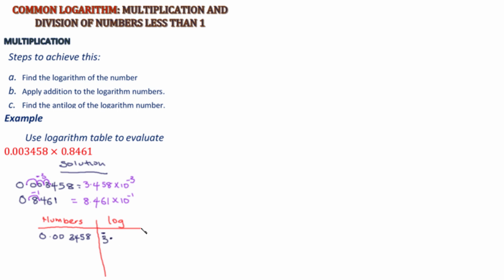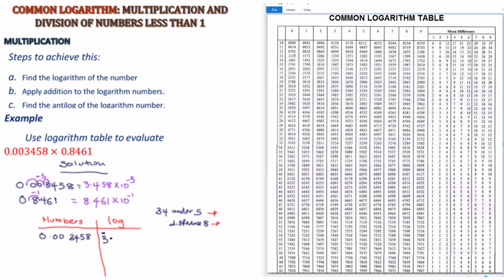We check the logarithm table for 34 under 5, difference of 8. That's what we look for. Let's check the logarithm table, 34 under 5.